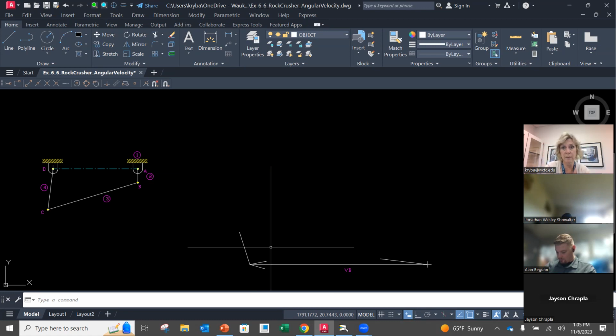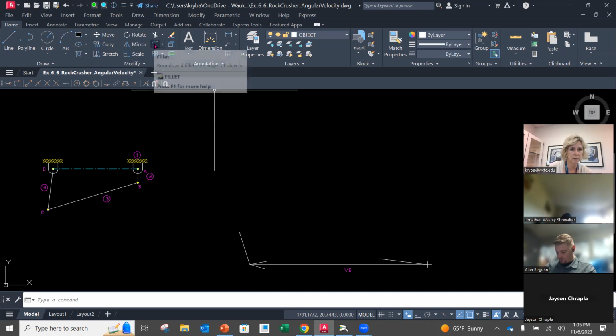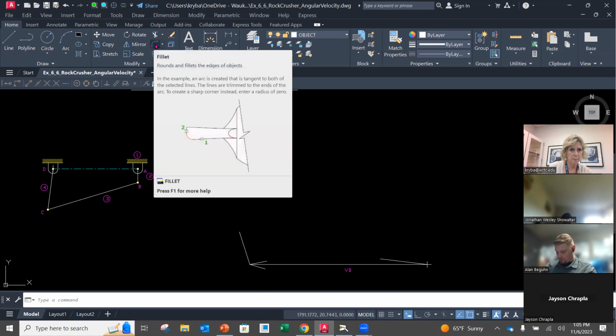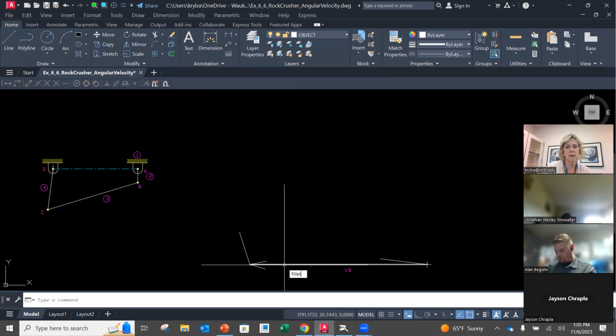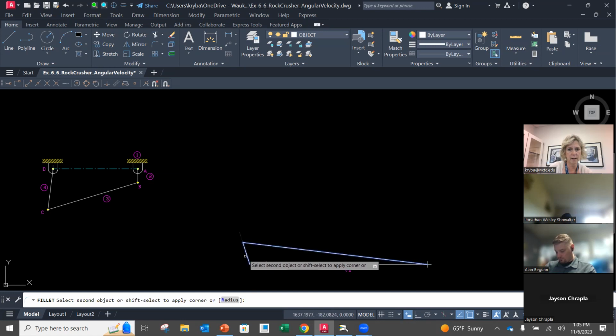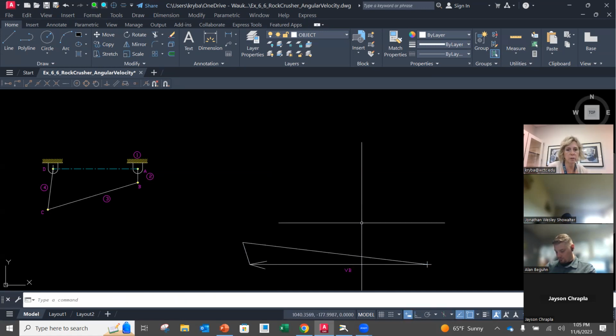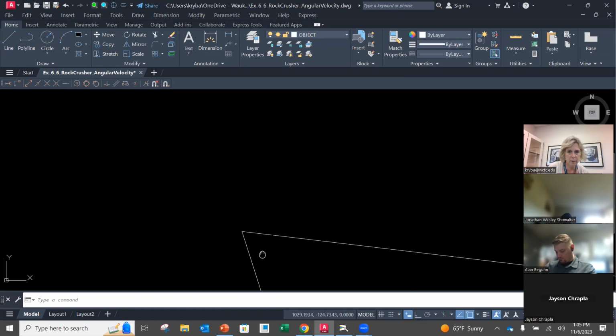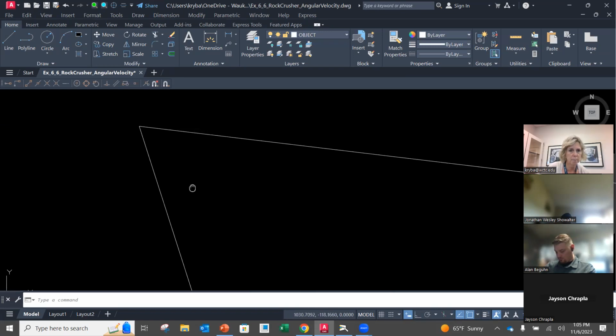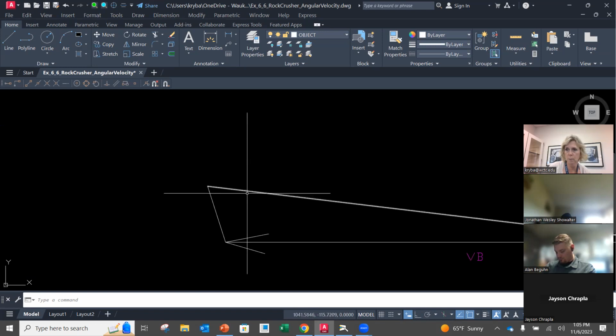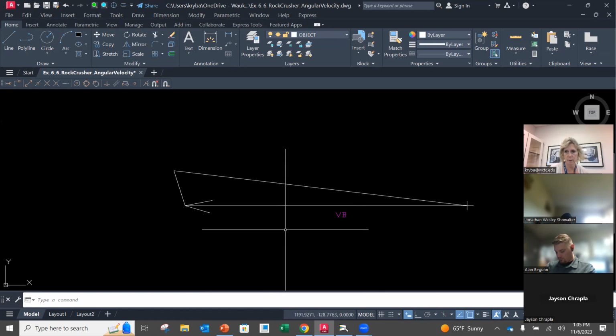So I'm going to use that fillet function. The fillet can either be found up here in the modify area, or you can just type it in. That's what I end up doing a lot. So that's there and there. Come on. There. Okay. And now you'll notice that it creates not a rounded edge, but a sharp corner because it's a radius of 0.